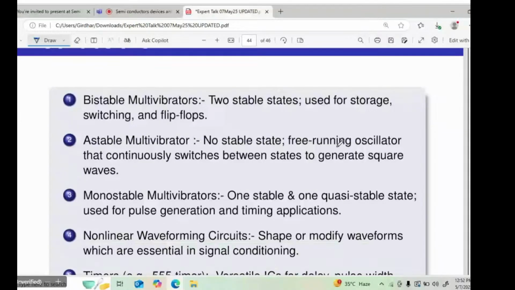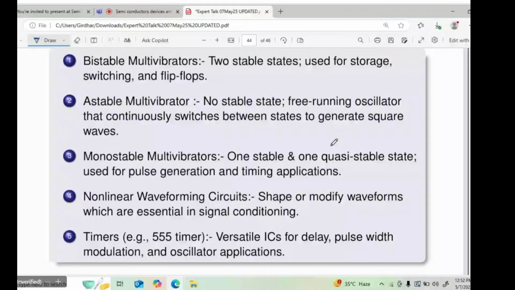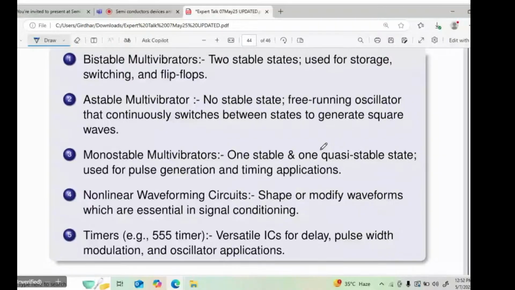In non-linear waveform circuits, I have presented the triangular waveform generator and ramp generator and other applications also. And what are the other circuits here? In non-linear waveform circuits there are also clipper and clamper. These are also non-linear waveform shaping circuits.